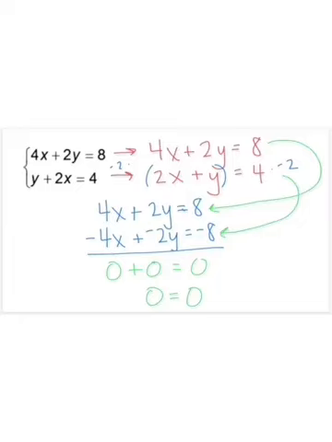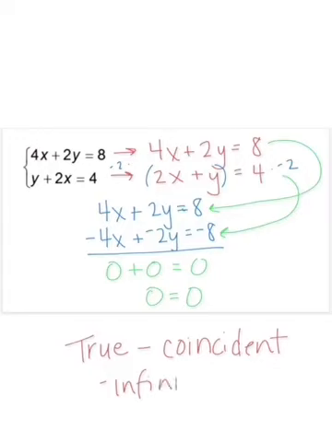All my variables went away and we ended up with 0 equals 0. 0 equals 0, that is a true statement. Since it's a true statement and we've eliminated all variables, then we know that these lines are the same line. So they are coincident lines, and they have infinite solutions.